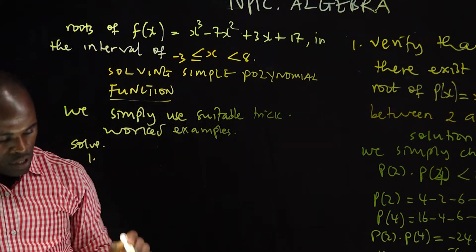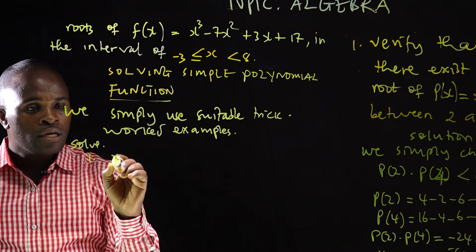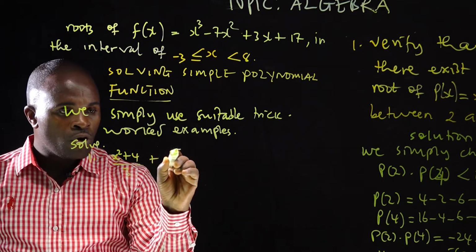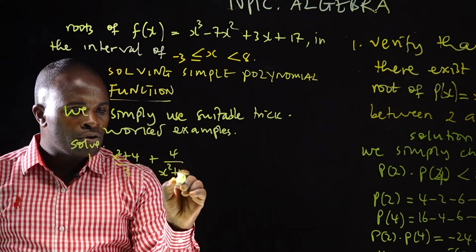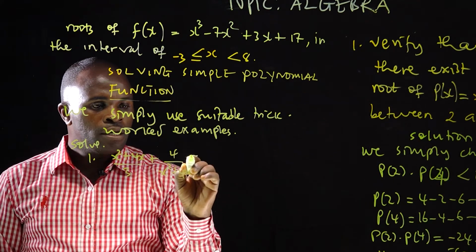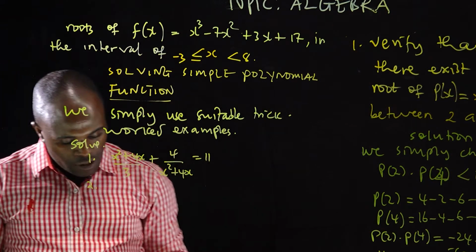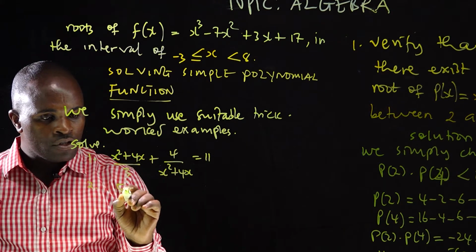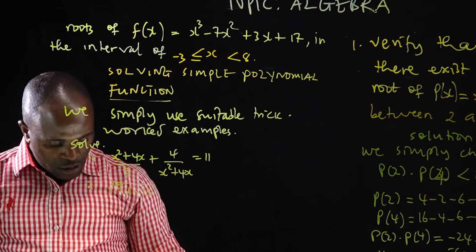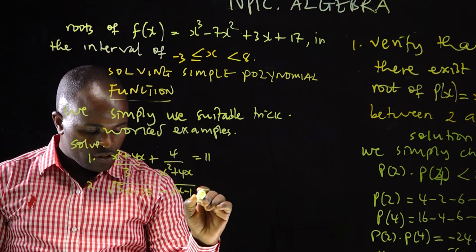Number 1, you are given a question like x squared plus 4 over 3 plus 4 over x squared plus 4x equals 11. Question number 2, one can give us a question like this one, you will see this in Advanced Mathematics, minus x minus 1 equals 2.